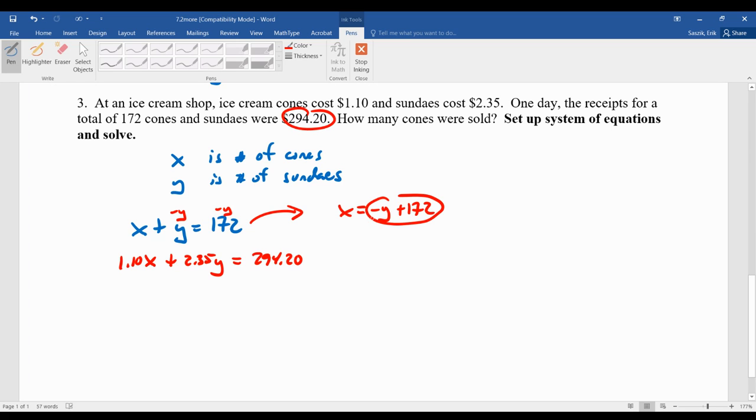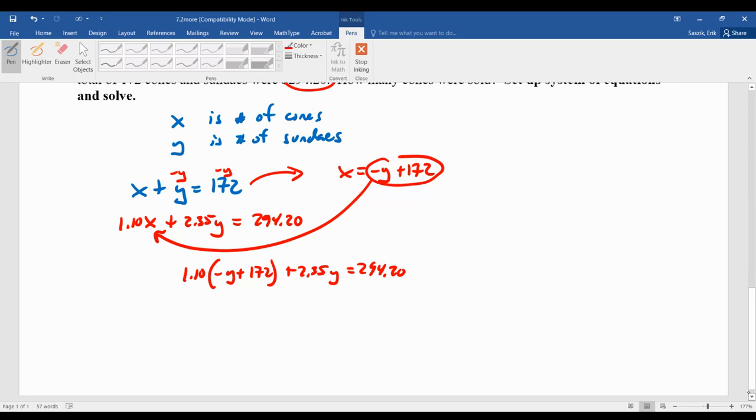So that means we can take that and substitute it in there, right? $1.10 times, now obviously you're going to need your calculator for some of this stuff, which is okay. And we have to distribute. We get negative 1.10y, $1.10 times 172. Well, I don't even have that written out here.